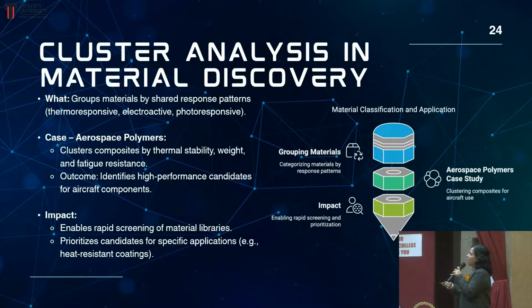So the impact is, it enables rapid screening of the material library, since we have a huge number of materials available, but we need to pick the best ones for designing purposes. So it is used for specific applications like heat resistant coating. If we are going for any kind of heat resistant coating, we need to study the materials properly and then we have to pick the best ones out of these.